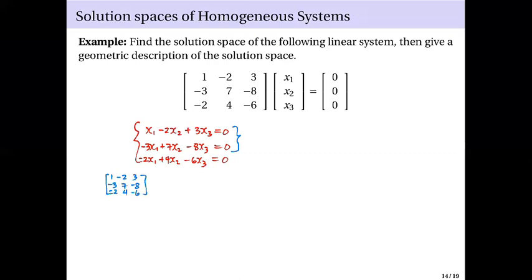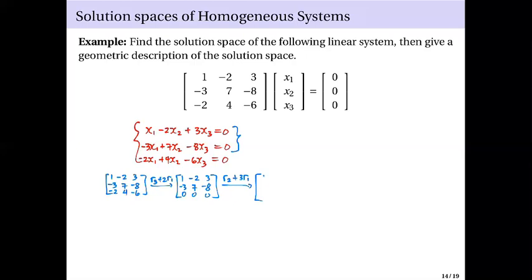So what we can do here is to replace R3 by R3 plus 2R1. So the third row becomes 0. Everything will be 0. Negative 3, 7, negative 8. Third row will be 0. And then we now replace R2 by R2 plus 3R1.